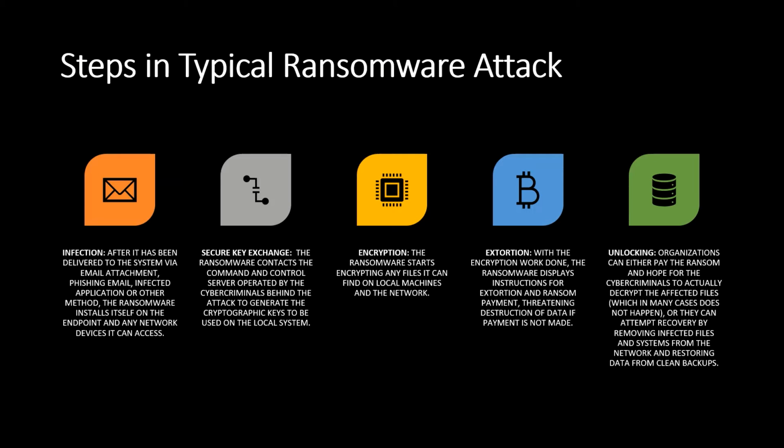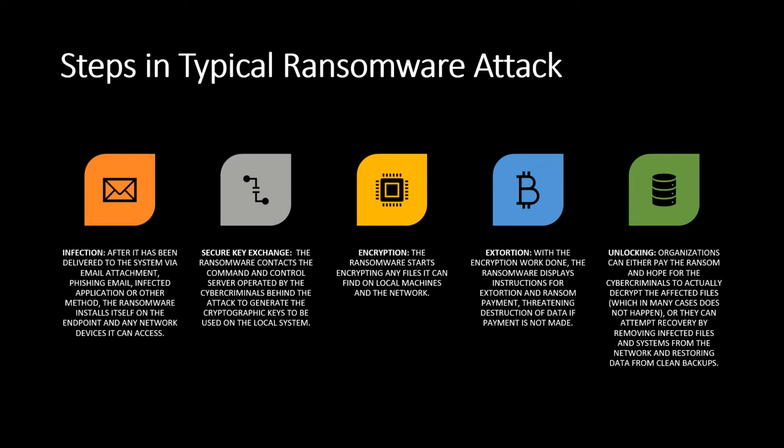This transitions into encryption, where the ransomware starts encrypting the files on the local machines in the network. Some encryption types involve RSA or other forms such as AES encryption, or a combination of various different encryption methods. The next step is extortion, where the receiver sees displayed instructions to send the ransom payment.